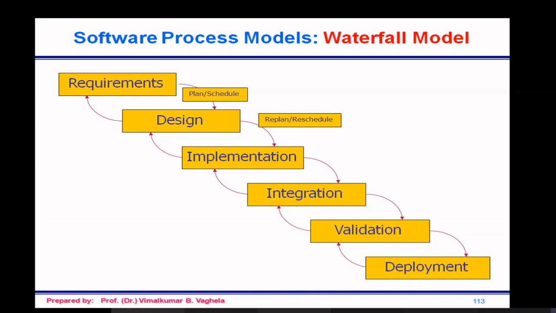And the last step is the deployment. We deploy your software product to the customer for evaluation and feedback. This is one of the software processes, and if you combine these steps, it is one model, called the waterfall model.